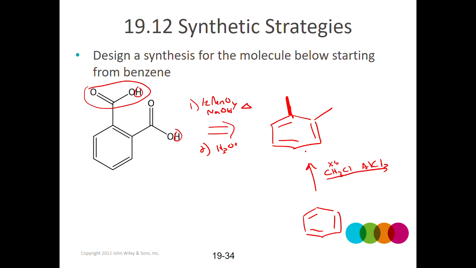Once that's installed, it's electron donating, so it's activating the positions that are ortho and para to it, and since it's not very sterically hindering, the ortho positions aren't blocked, and there's two of them compared to the one para, so it's twice as much chance of that occurring statistically. But there is some sterics there, so that chance is diminished a little bit, but still more of a chance it'll connect ortho than para. And so if I do that twice, the second methyl group should end up ortho to the first one, and then the oxidation can produce the dicarboxylic acid group.